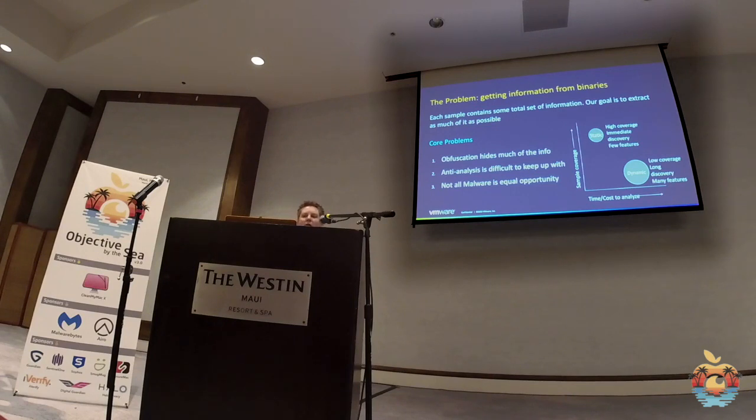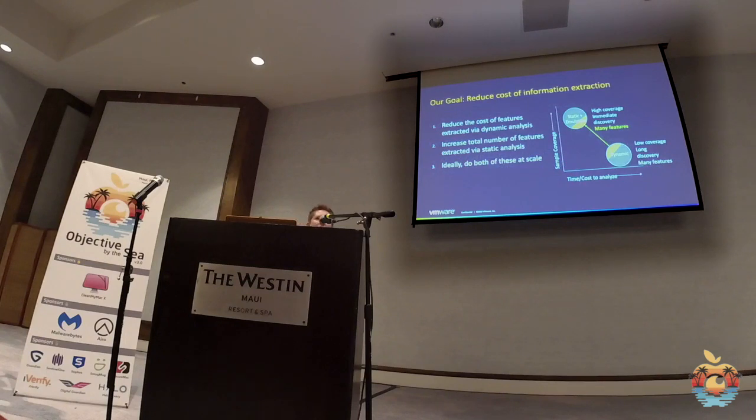So we might be able to run static analysis tools, but we may get nothing out of it from an IOC perspective. On the other hand, you've got dynamic analysis. You can spin up a VM, you can run the software, you can get a lot of IOCs out of there. You can have a PCAP, you can see what it's doing on the network, what it's downloading, things like that. But that's very costly time-wise and resource-wise, because every time you have to spin up a VM or something like that, that's going to take a lot of time and resources. So how do we kind of marry these two together and get the best of both worlds?